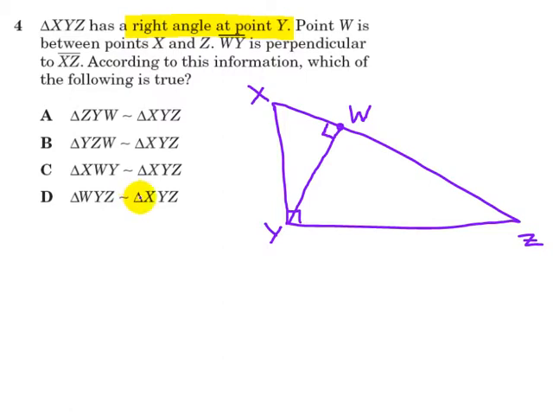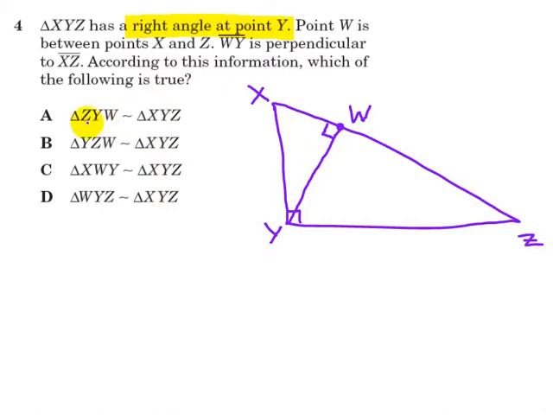So it's very important what order I have my vertices in. This means that W corresponds with X, and Y corresponds with Y, and Z to Z. So these angles are going to have the same measures, and the sides will be proportional. So if one's double, they're all double.